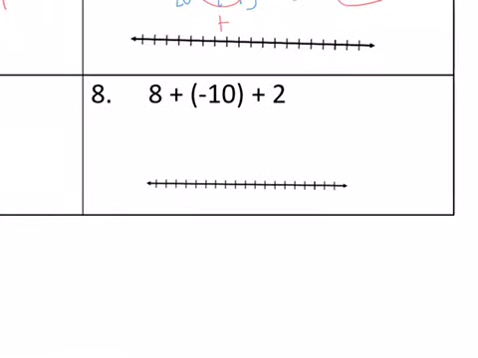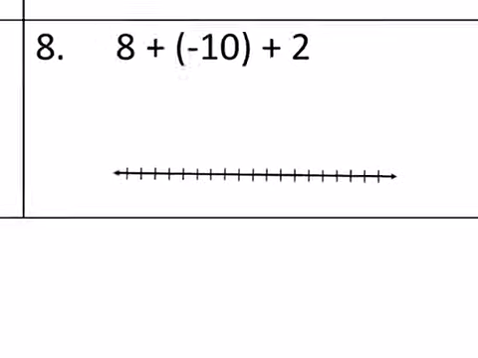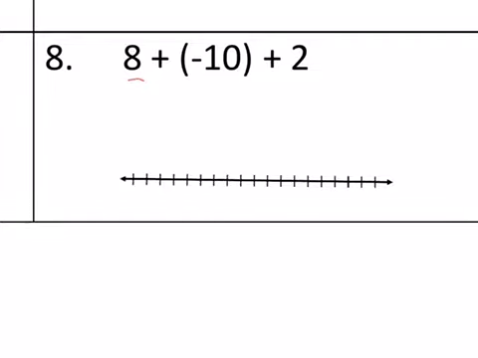All right. Looking at number 8. 8 plus negative 10 plus 2. All right. So I see that 8 is my largest positive number, so I'm going to put it here.